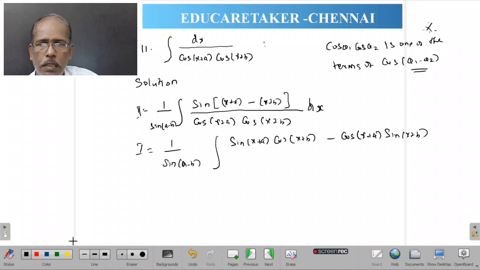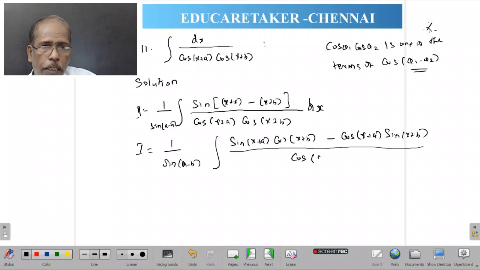This is the expansion of the numerator using the compound angle formula. The denominator is retained without any change: cos of x plus a, one more factor cos of x plus b, then dx.